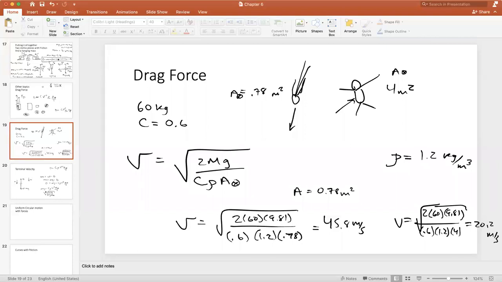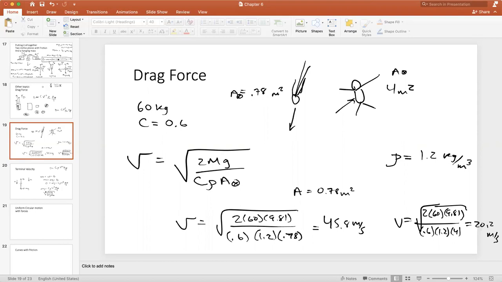That terminal velocity, you might survive. That's hitting the ground at 45 miles an hour. I'm not saying you will, but people have. If you ever fall out of a plane, make your cross-sectional area into the wind as big as possible to slow yourself down. That's kind of what a parachute does. A parachute creates this huge cross-sectional area to the wind and captures the wind, slowing you down immensely.